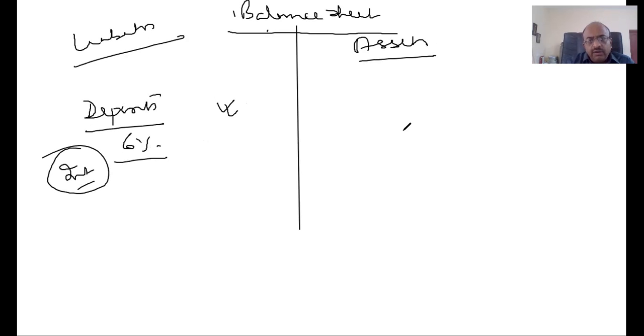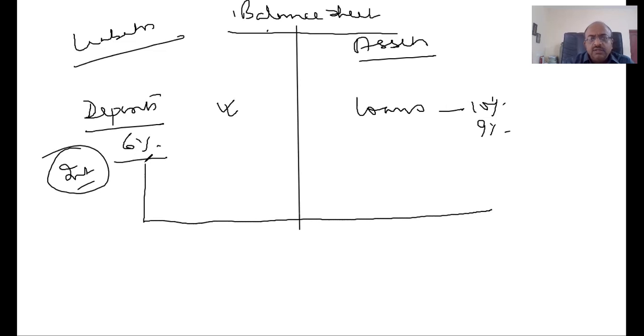On the other side, there are a lot of people who want money for various reasons. So the bank lends those monies as loans, and they charge not 6%, they may be charging 10%, 9%, and so on. The difference between the interest they charge and what they pay is called the spread.